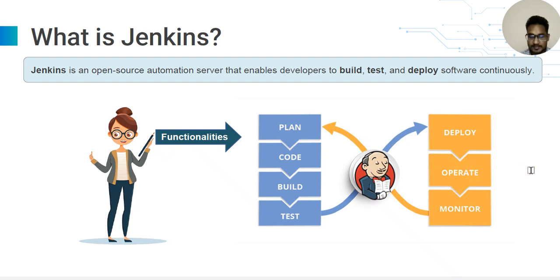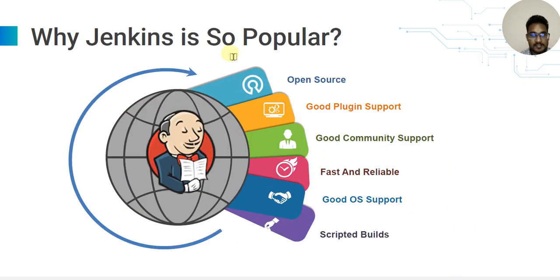And next topic is why Jenkins is so popular. Jenkins popular क्यों? Jenkins is open source. Jenkins एक तो open source system है, कोई भी यूज कर सकता है, फ्री ओपन सोर्स. गुड प्लगइन सपोर्ट. मल्टीपल 1000 प्लस प्लगइन सपोर्ट Jenkins के अंदर है. नेक्स्ट इज गुड कम्युनिटी सपोर्ट. कम्युनिटी सपोर्ट इज वेरी गुड and fast and reliable.